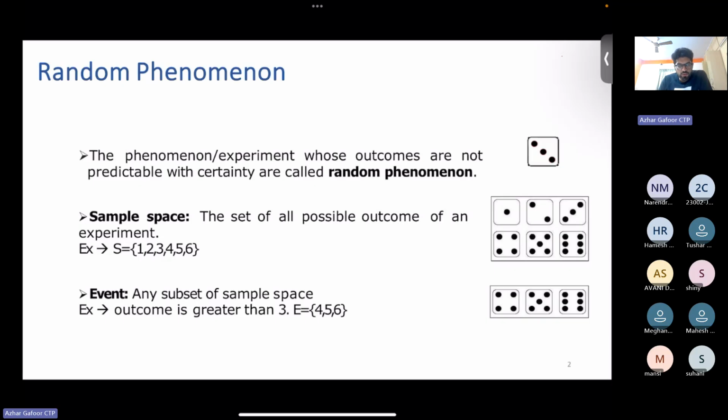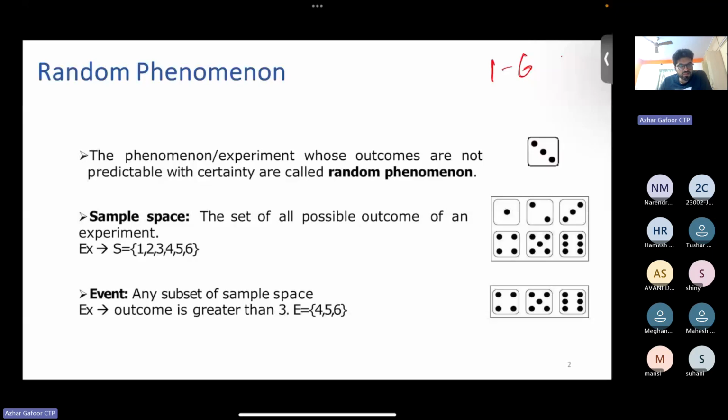Whenever we roll a dice, the outcome can range from 1 to 6. And if the die is a fair die, with no bias, we can say that the probability of getting any number from 1 to 6 is the same. So we define a sample space for a random phenomenon, which denotes all possible outcomes of an experiment.